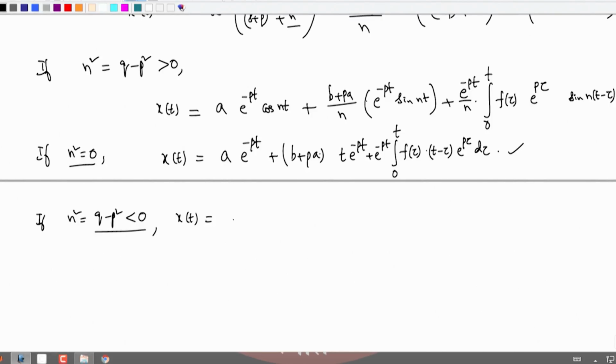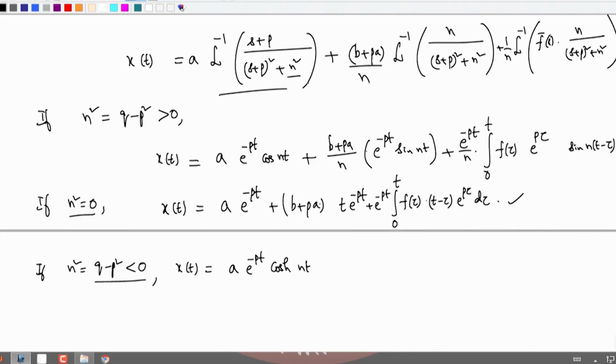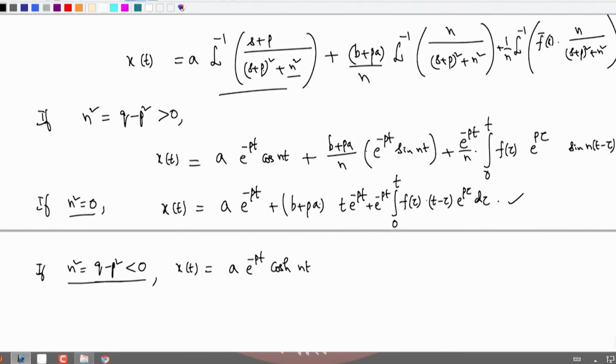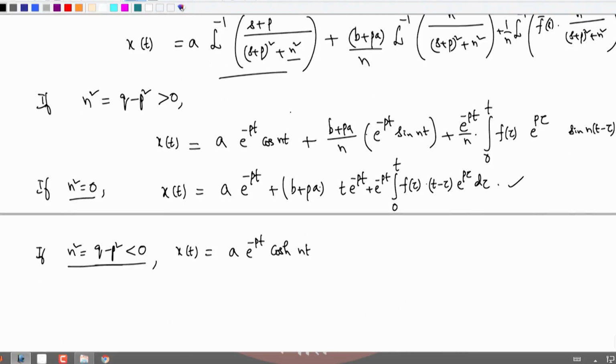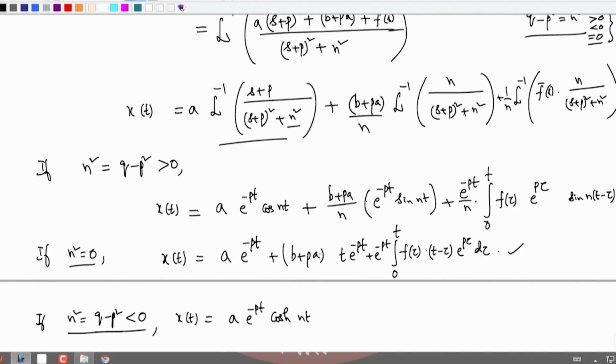So, you have a times e power minus pt cos hyperbolic nt, because in this case it will be minus n square with n square being positive, because q minus p square is negative. So, you have s plus p whole square minus n square in the denominator.